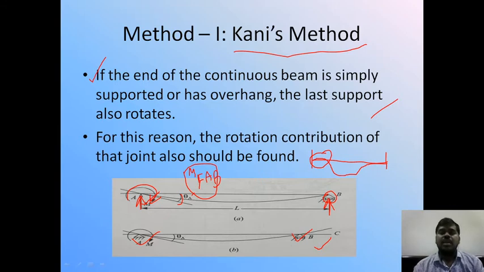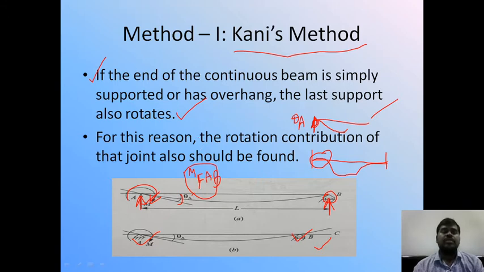In the same manner, if it is simply supported like this or a roller support, the rotation starts from here itself. That means some theta A will be there. So what the first point says is, if the end of the continuous beam is simply supported or has an overhang, the last support also rotates. This is what I had explained.